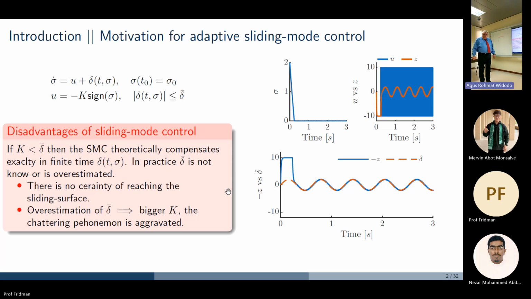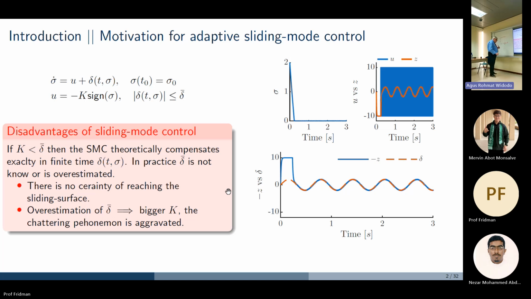There are two things. If you'd like to keep sliding, you need your gain to follow the perturbation. You don't know the perturbation, so what to do? You need to put here an adaptive gain.